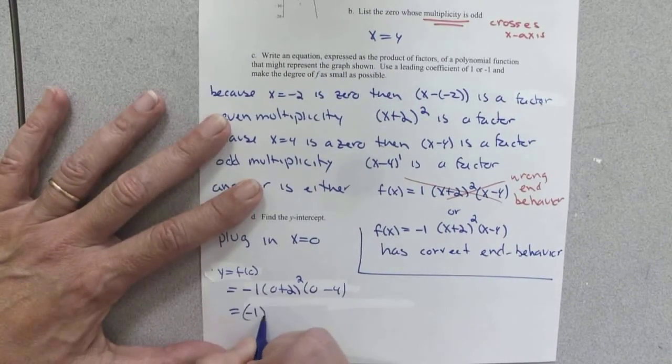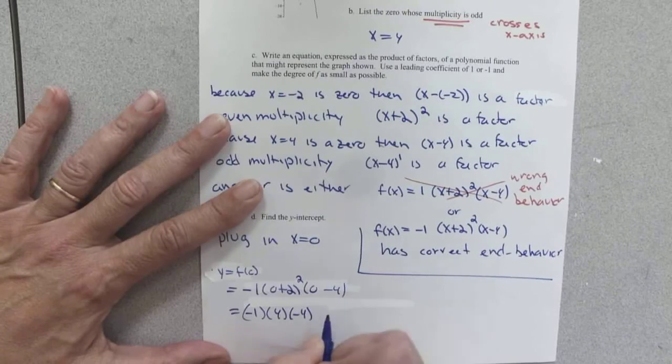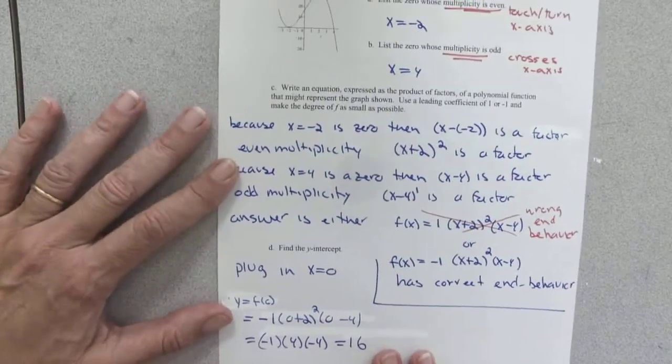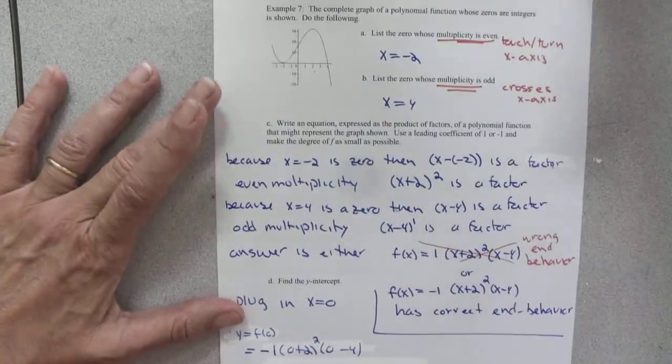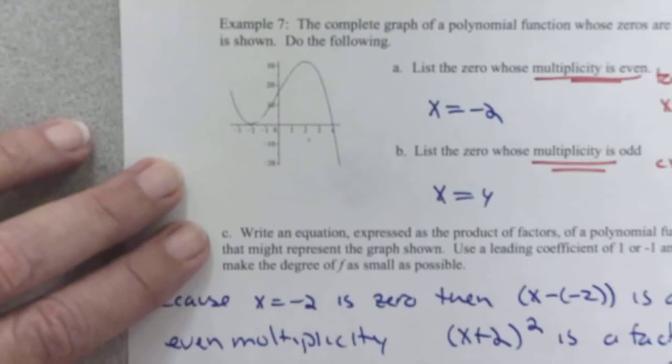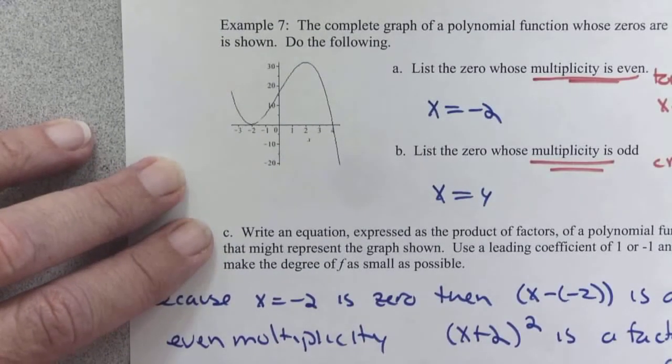So that's going to be -1 times 4 times -4, which comes out to be 16. And that should look reasonable to the graph. If I zoom in on that graph, we come up with a y-intercept of 16, and that looks like it could be 16.